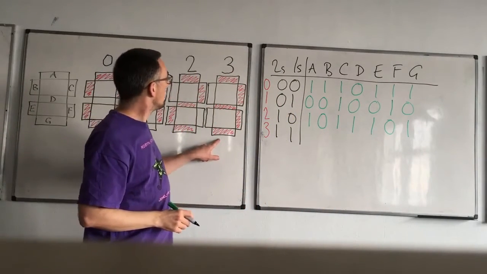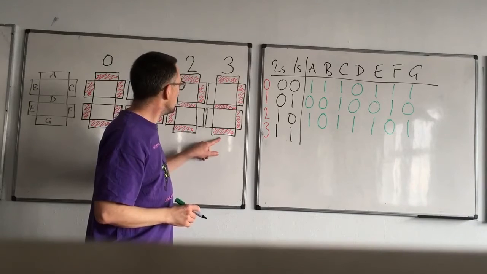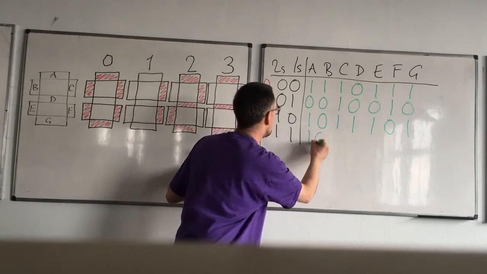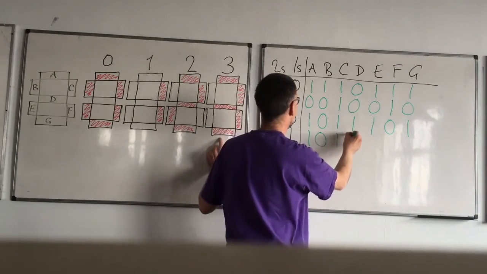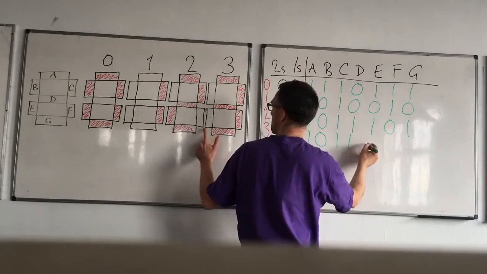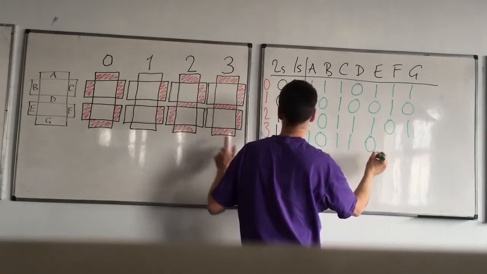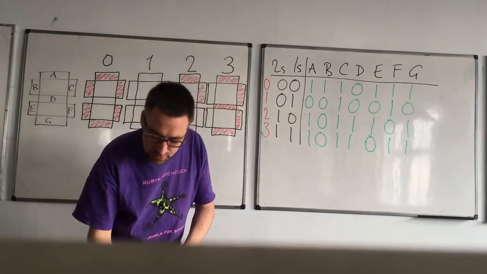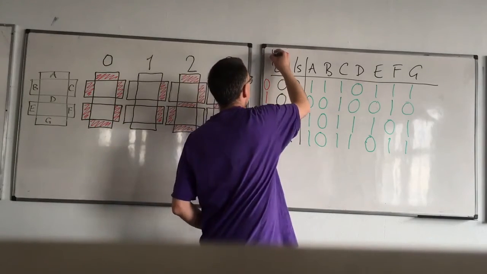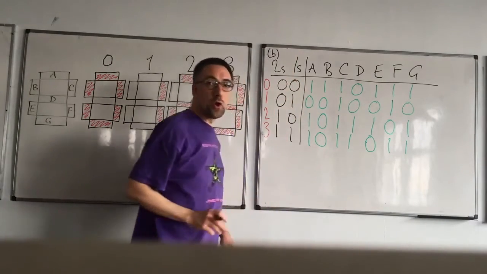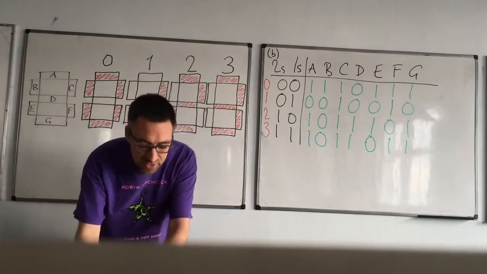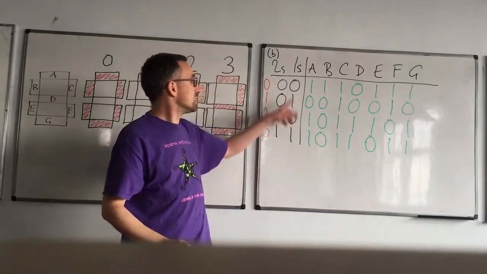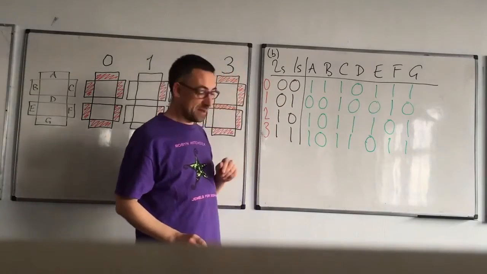And finally, for 3, we have A, not B, but we have C, we have D, we don't have E, we have F, and we have G. So that is the solution to part B. We have figured out what signals we need to send to each of the cells in order to display each number.